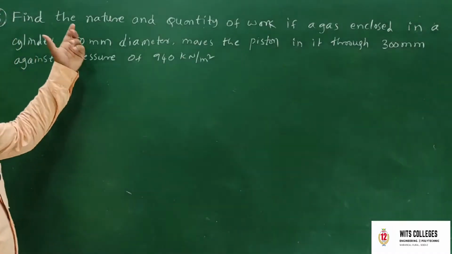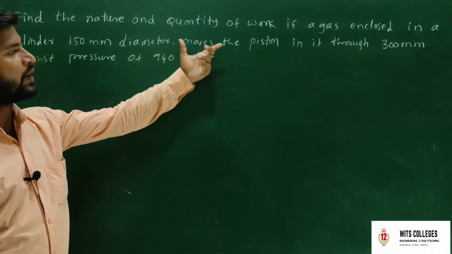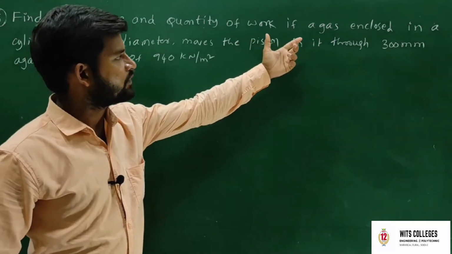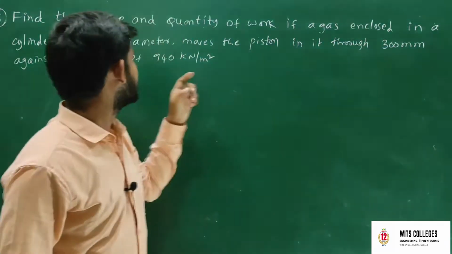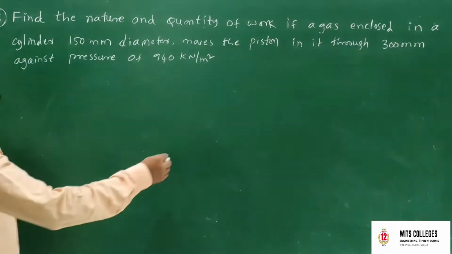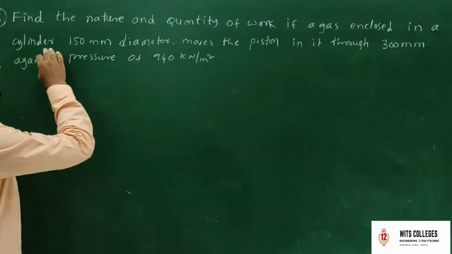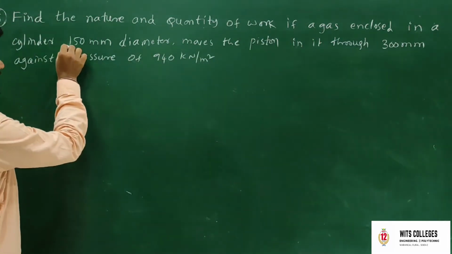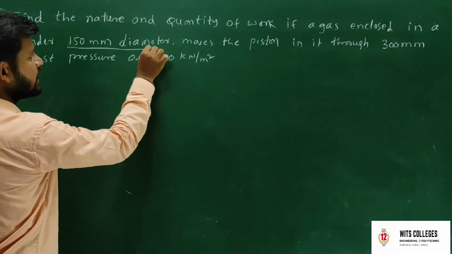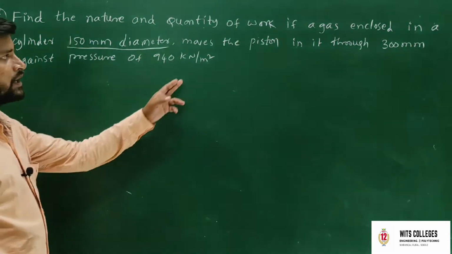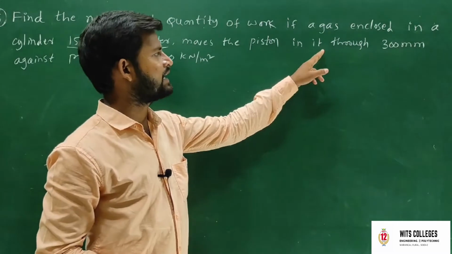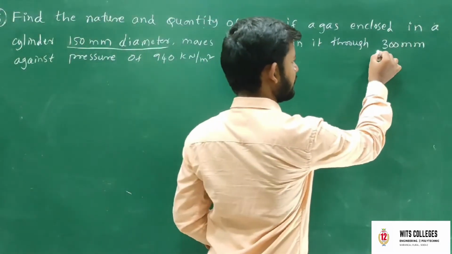Next one is finding the nature and quantity of work if a gas is enclosed in a cylinder. The cylinder has a 150 mm diameter and the piston in it moves through 300 mm.